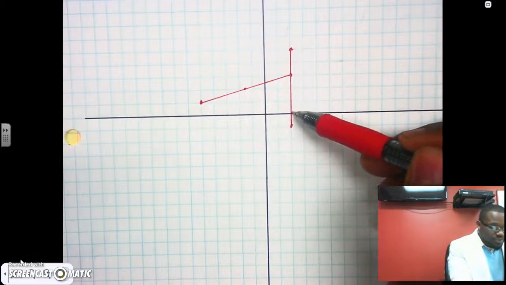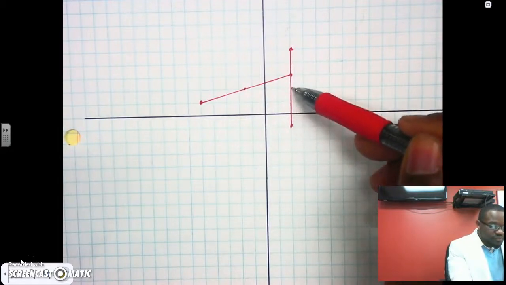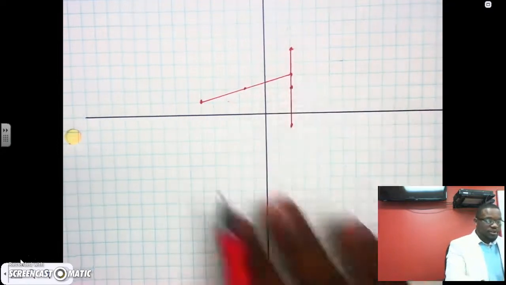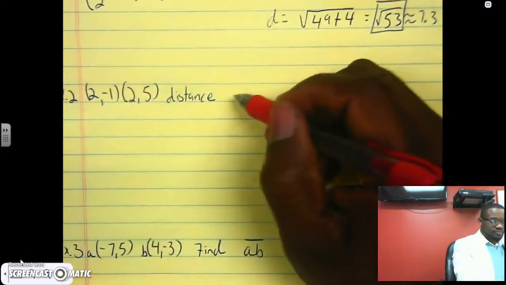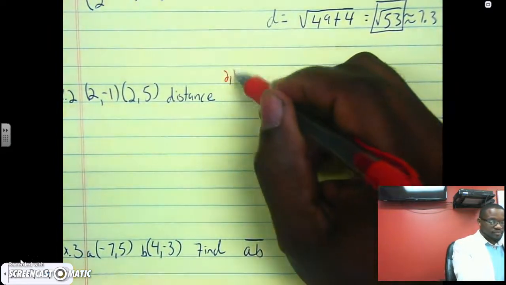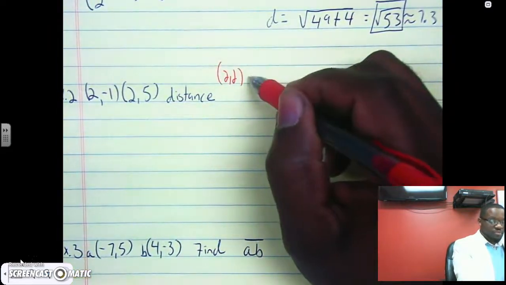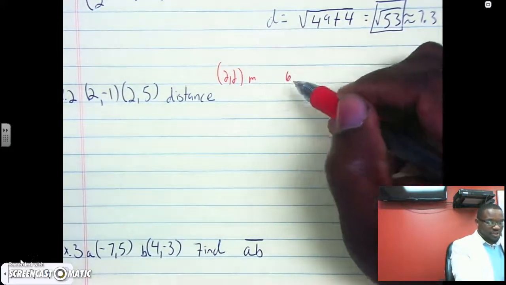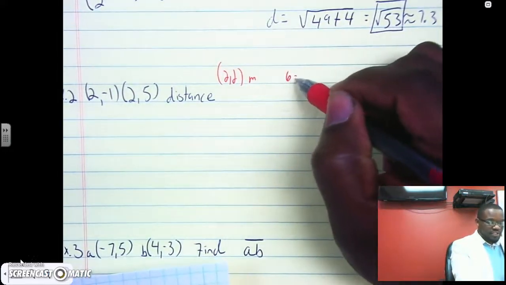And the midpoint should be this point right here, which is (2, 2). So (2, 2), I'm going to write that down, is our midpoint according to our picture, and 6 was our distance.